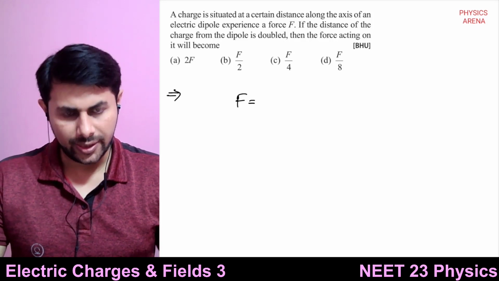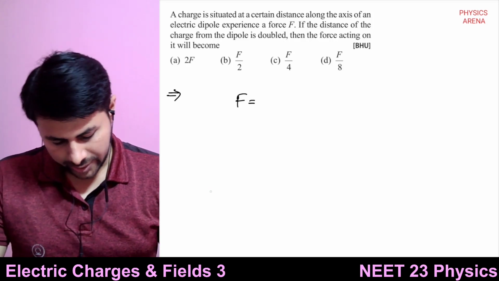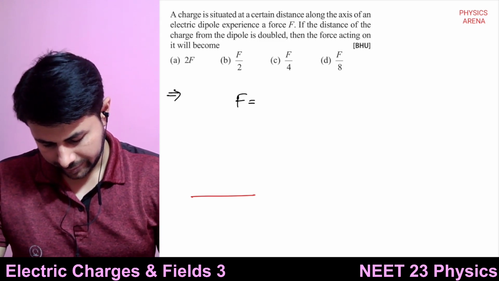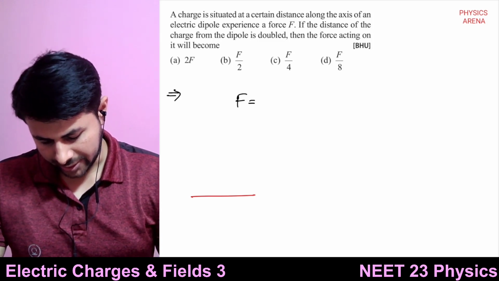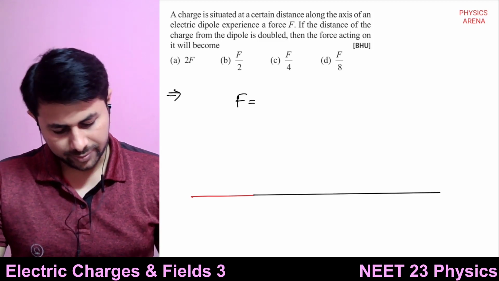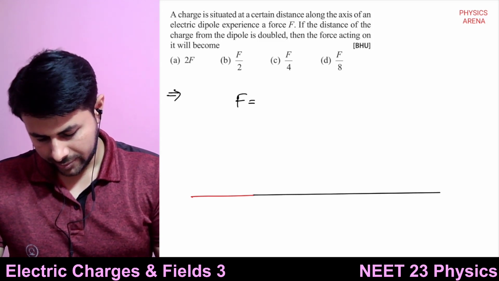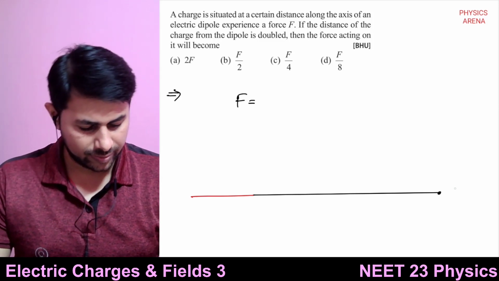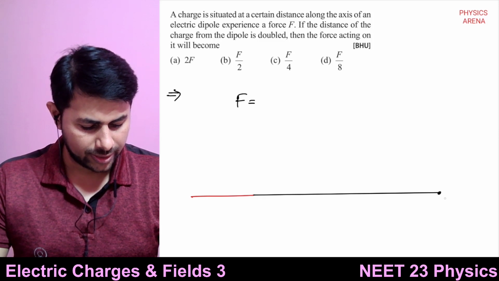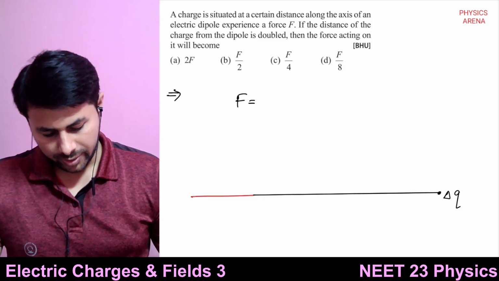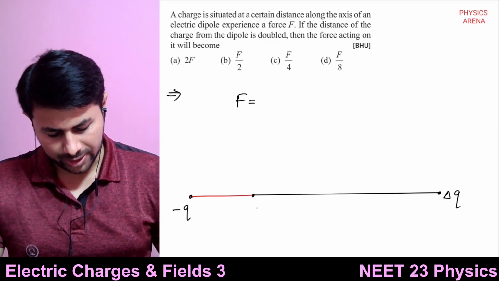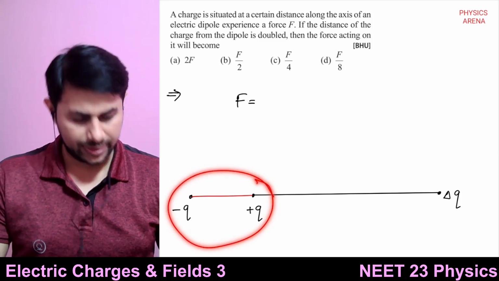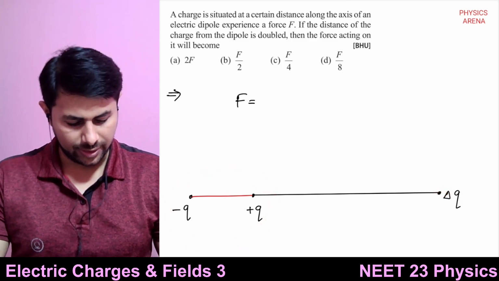Okay. See, this is dipole, okay, and keep some charge on the axis. Okay. So this is charge, some, okay, let's call it delta q or something. Okay. So this is minus q, this is plus q. So now there will be some electric field due to this dipole at this point, right?